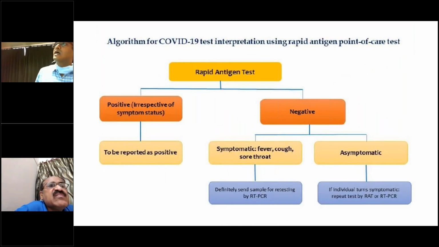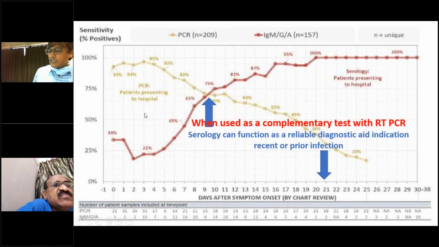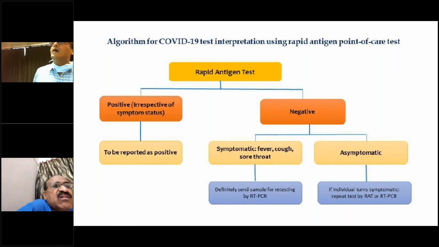Now this is a chart showing the rapid antigen testing algorithm given by ICMR. If the rapid antigen test is positive, then we have to declare the patient as positive, irrespective of the status of the patient.